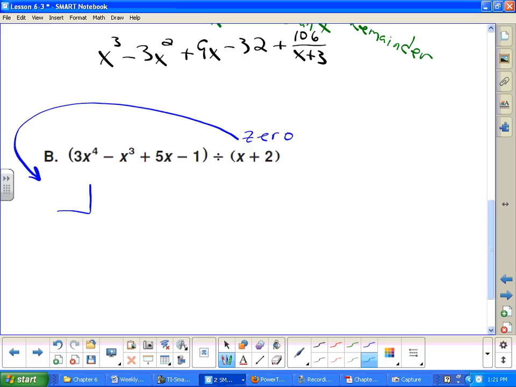What makes x plus 2 equal to 0? Negative 2. So negative 2 goes here. It's always the 0. And then I just list the coefficients. 3, negative 1. There's no x squared, so that's a 0. 5, and negative 1. Leave a space and draw a line.